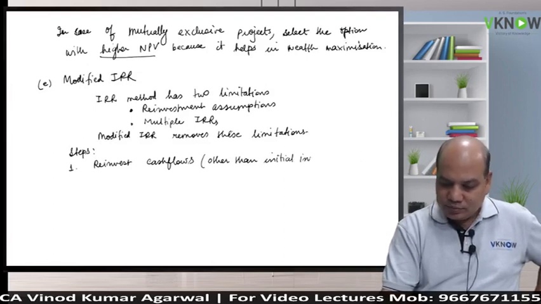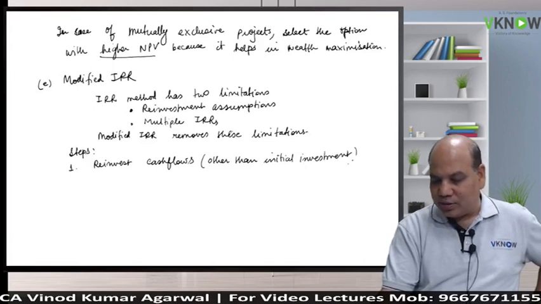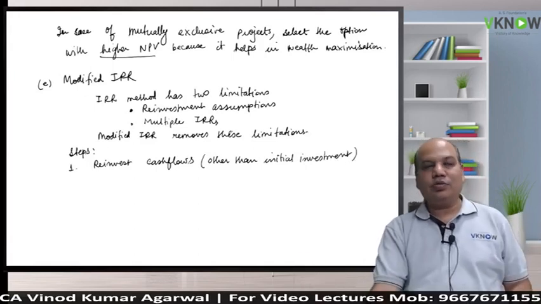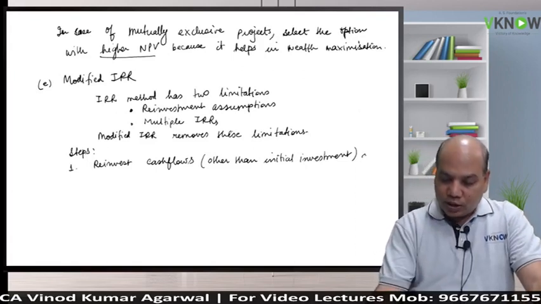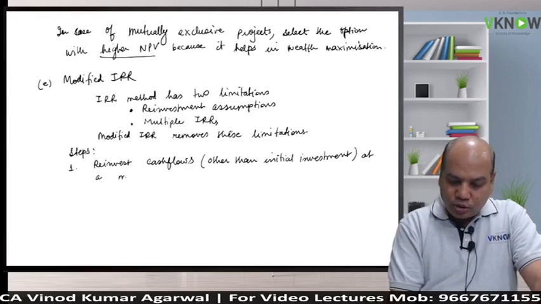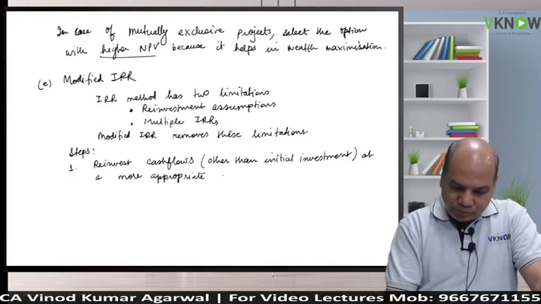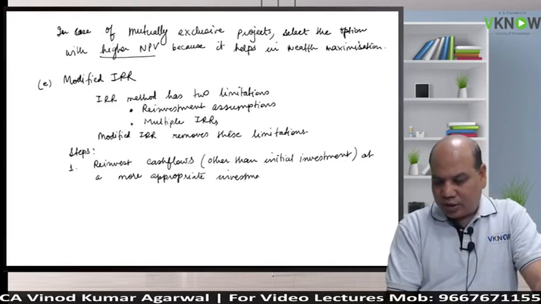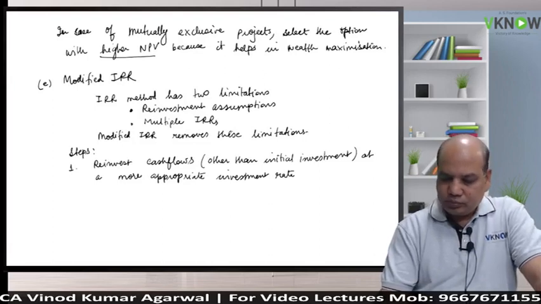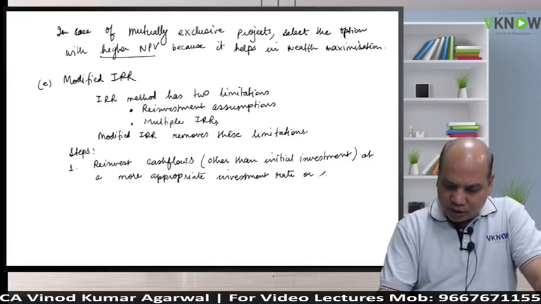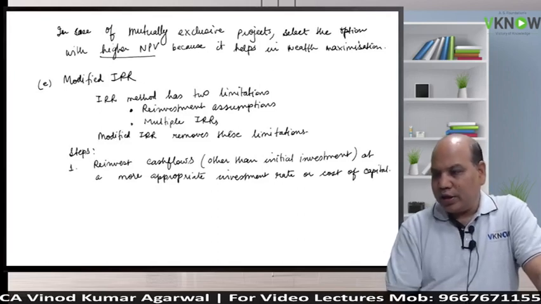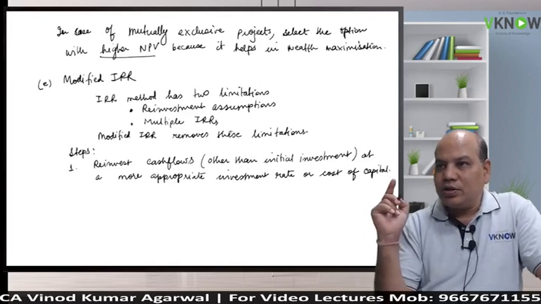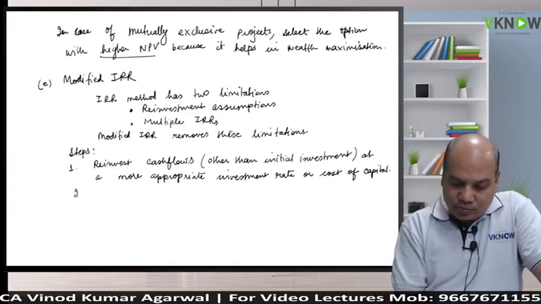Don't reinvest the initial investment, but in year 1, 2, 3, 4, 5, whatever cash flow you get, reinvest those cash flows at a more appropriate investment rate or cost of capital. If the rate is given, use that rate, or you can invest at the cost of capital.